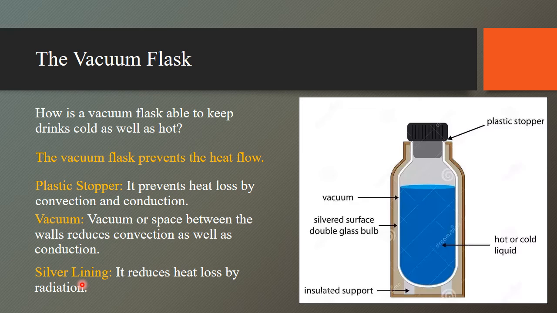We have just studied that a silvery surface is a bad emitter and absorber for radiation. So the radiation is reduced with the help of silver lining. That is how a thermos flask or a vacuum flask maintains the temperature of the fluid that is present inside it.